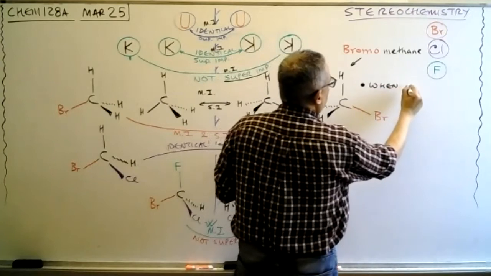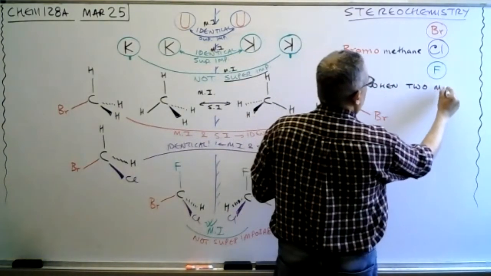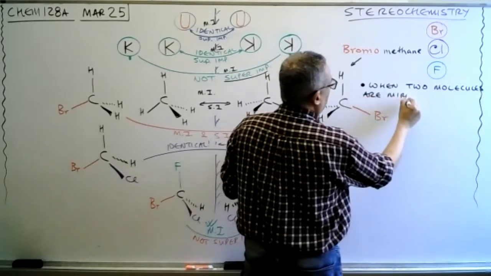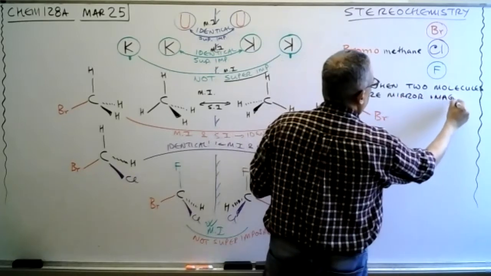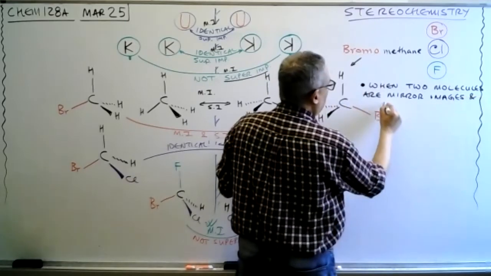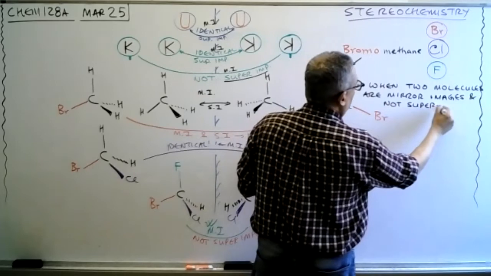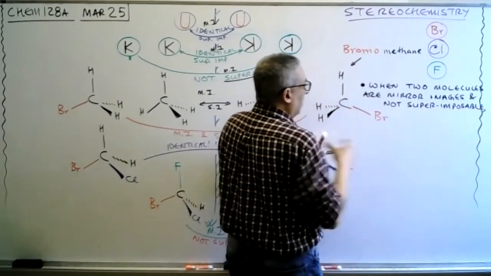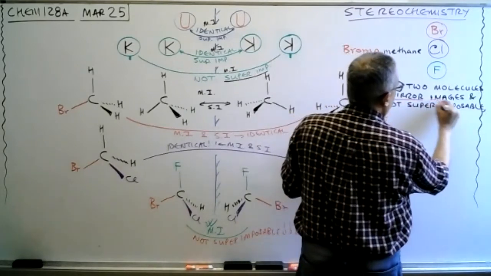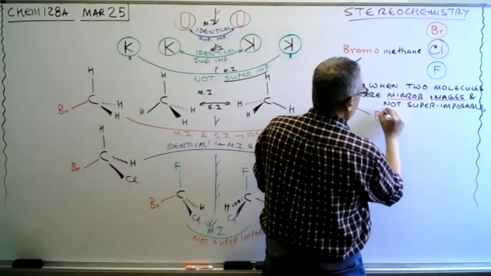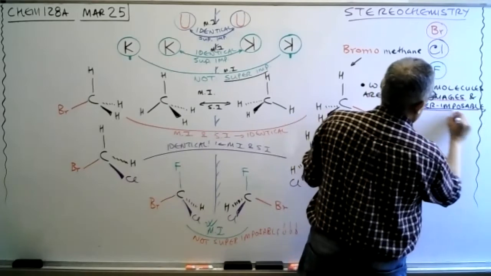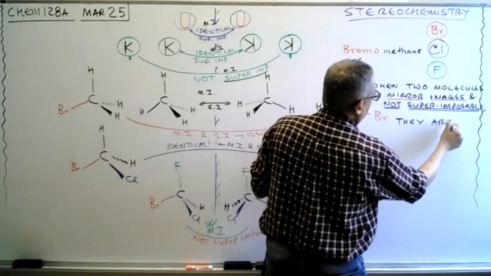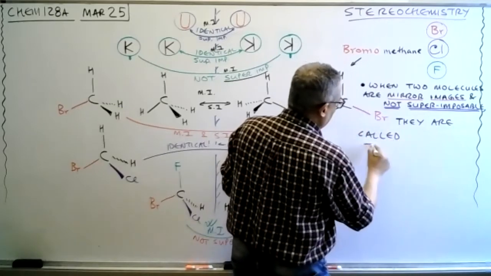When two molecules are mirror images and not superimposable, very important, they are called enantiomers.